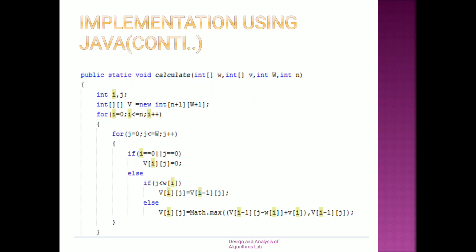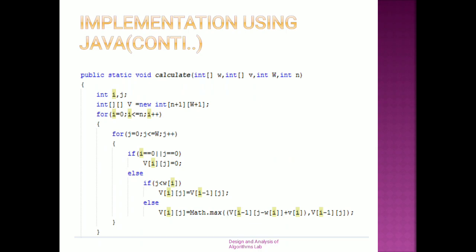In the calculate function, you know that we are supposed to maintain a table. That is why here we have a two-dimensional matrix capital V, which should be of size n plus 1 into W plus 1, because the row index starts from 0 and goes on till n.